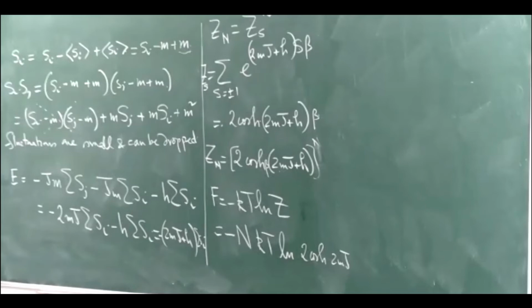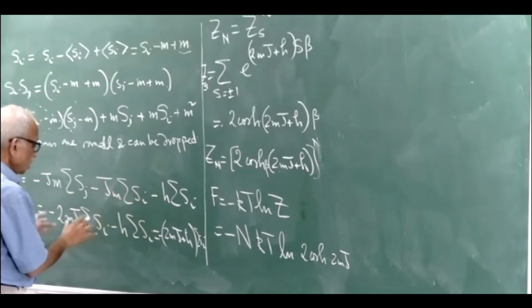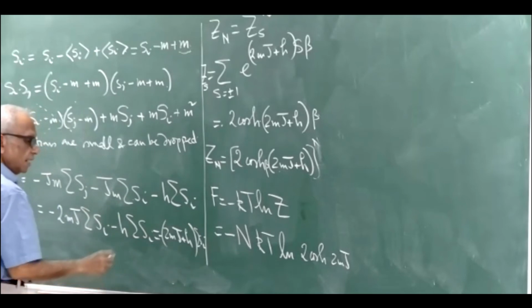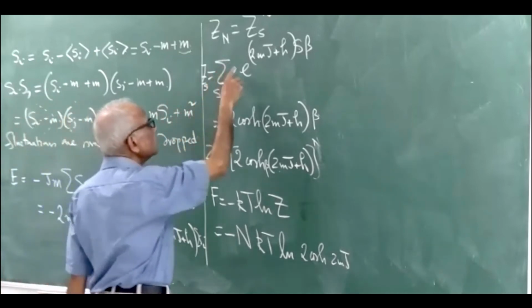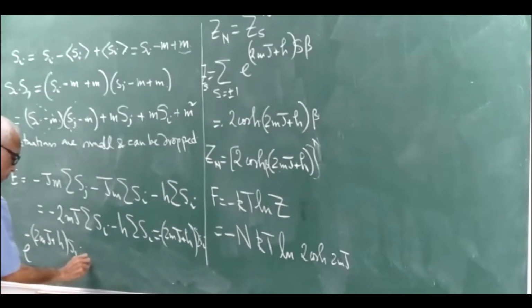I couldn't catch the last part of what you were saying, but the energy expression has become a particular pair that has reduced to this expression over here, and therefore it is e to the power minus all these terms which are independent, essentially 2mJ plus h Si, that is one term, plus there is another.